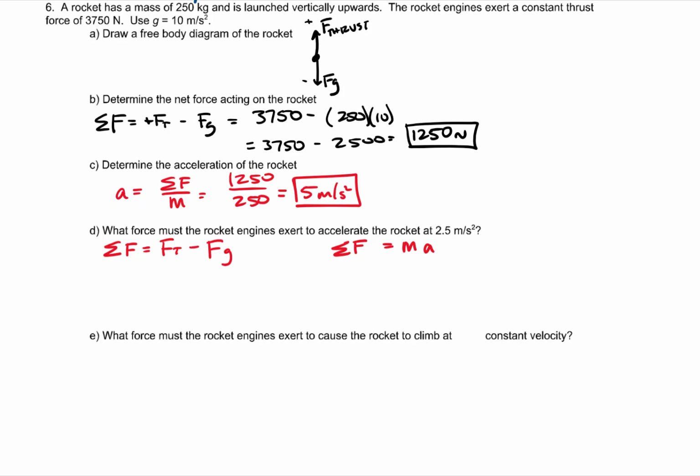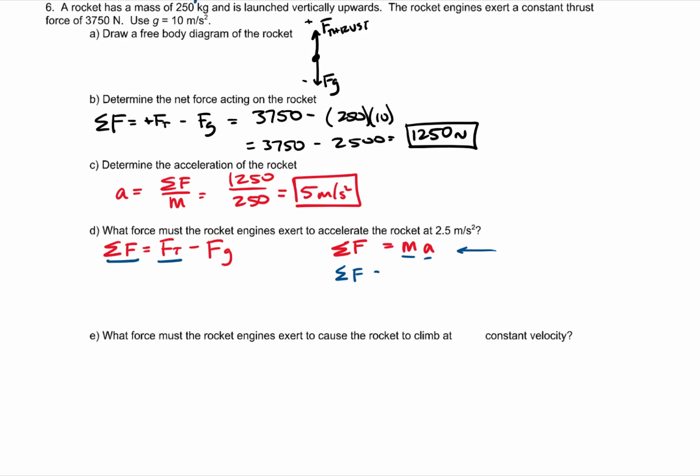If we look at the information that we have, I don't have the net force, and I don't have the force of thrust, so I can't use the equation on the left. But if we look at the equation on the right, I've got the mass, I've got the acceleration. That's going to help me find the net force. So we're going to use that side first.